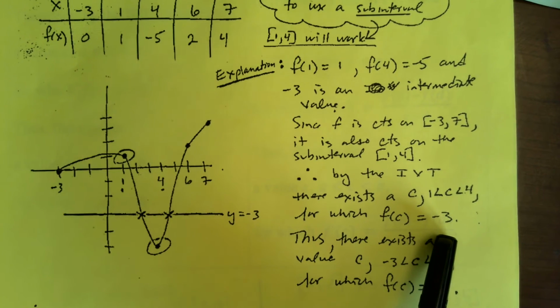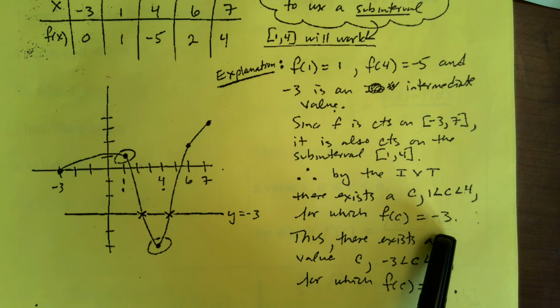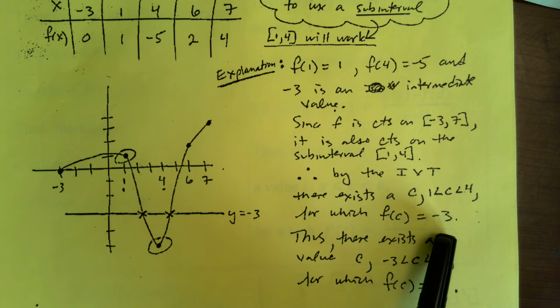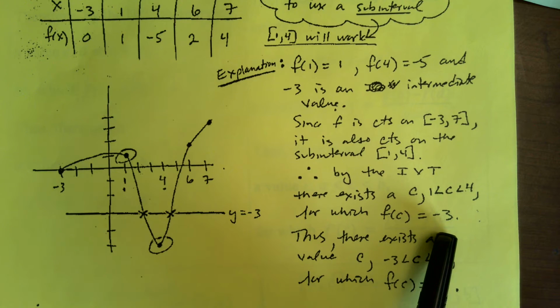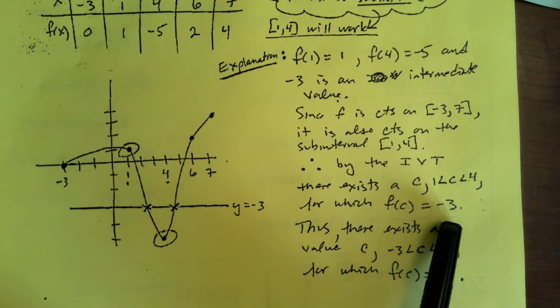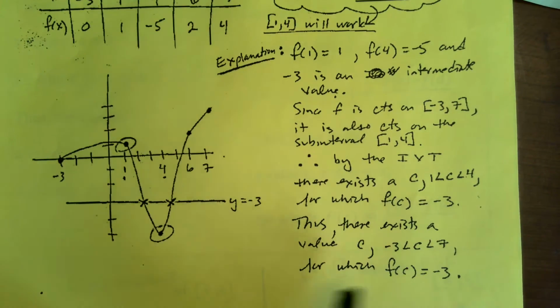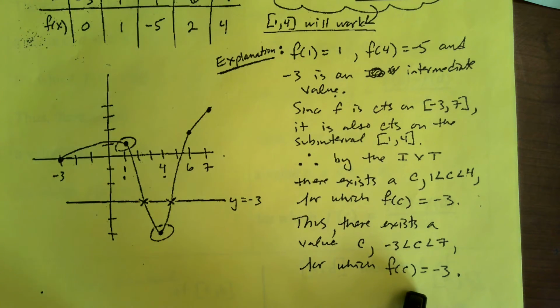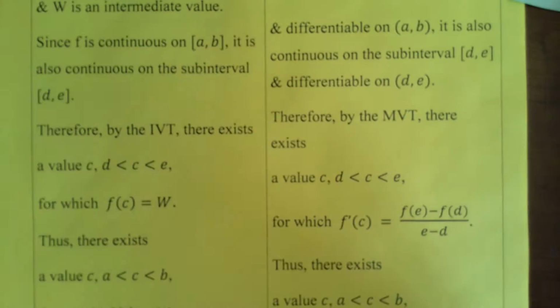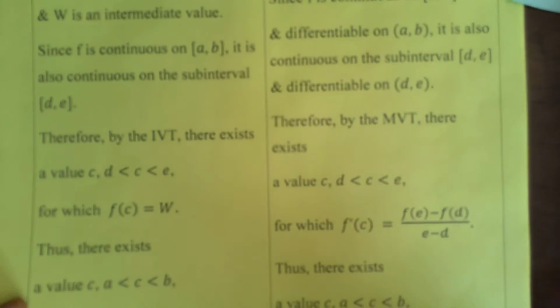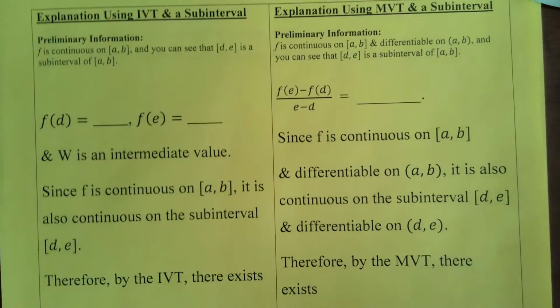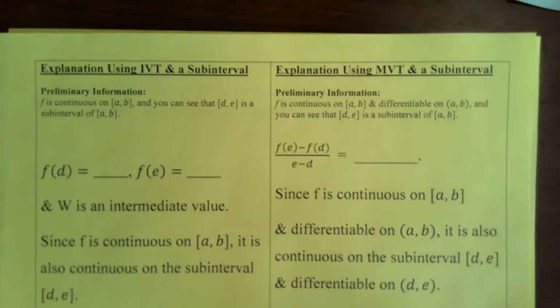Okay, now remember, I already mentioned that the closed interval [1, 4] is a subinterval of the closed interval [-3, 7]. So now I can say, thus, there exists a value c between -3 and 7 for which f of c equals -3.